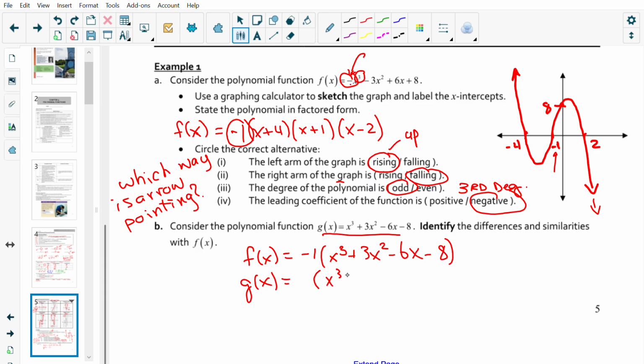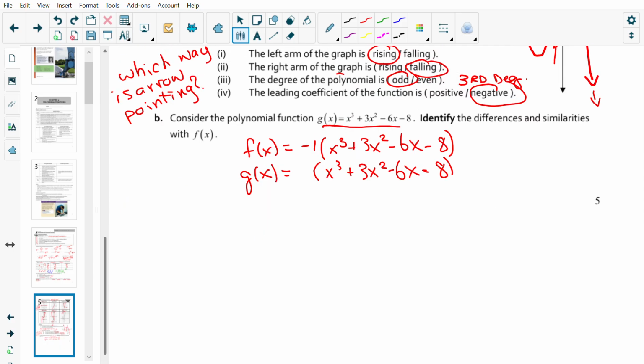And let's compare. How are they different? Lead coefficient. Constant terms.